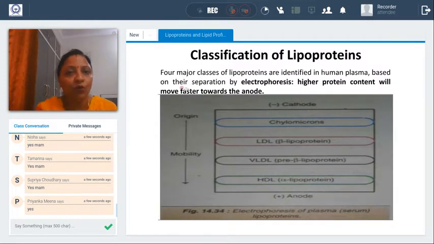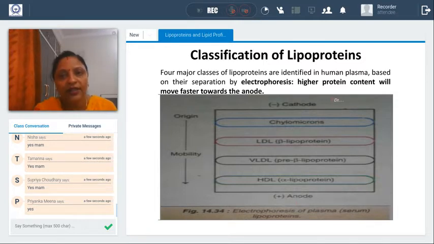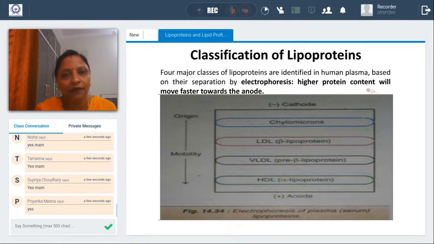Classification of lipoproteins. Four major classes of lipoproteins are identified in human plasma based on their separation by electrophoresis. You can see here highest mobility; as I earlier said, higher protein content will move faster towards the anode.